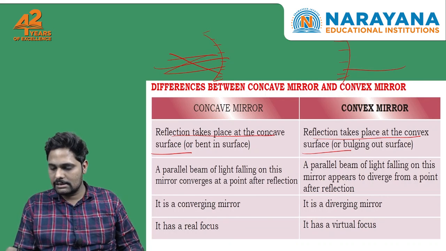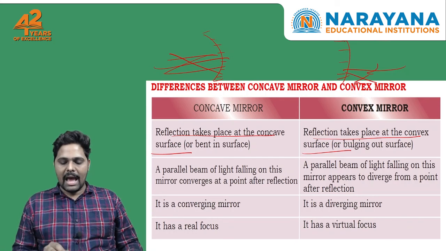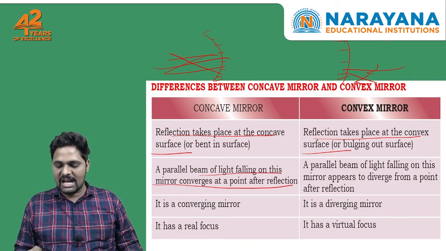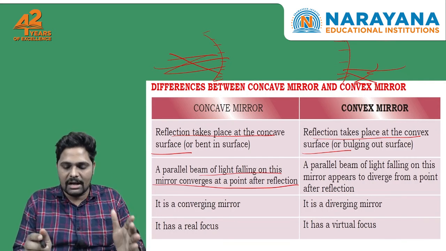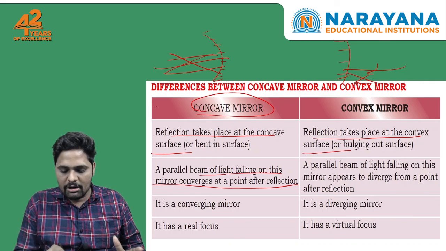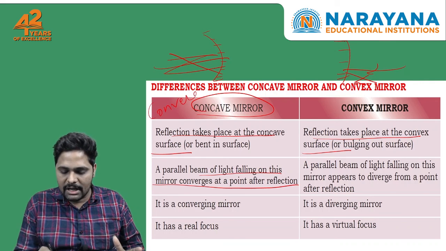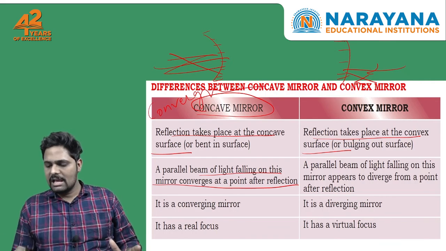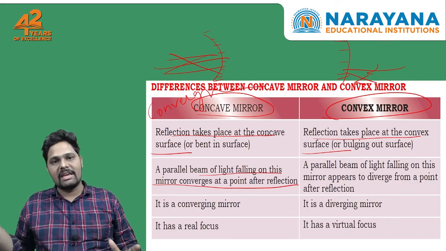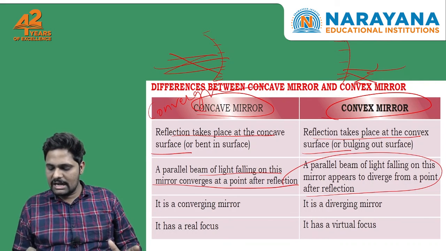So like this, reflection will take place. A parallel beam of light falling on a concave mirror converges at a point. So we can also call the concave mirror a converging mirror. Whereas the convex mirror diverges, so it is called a diverging mirror.